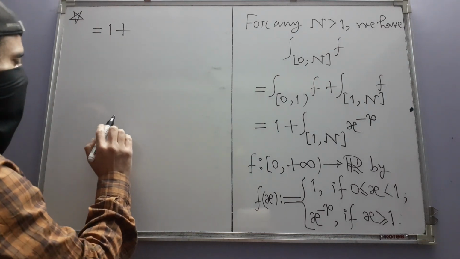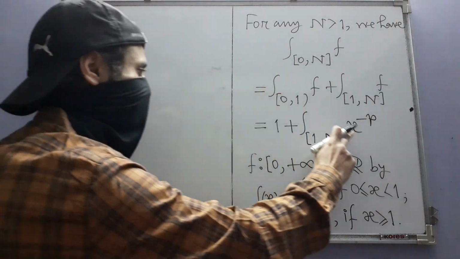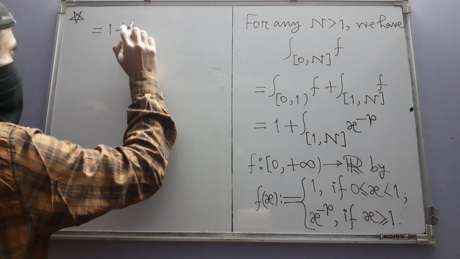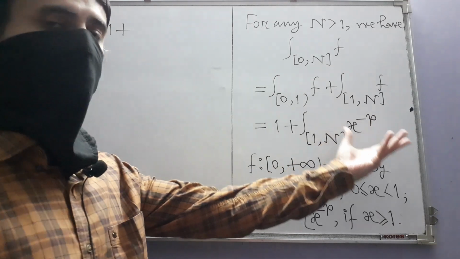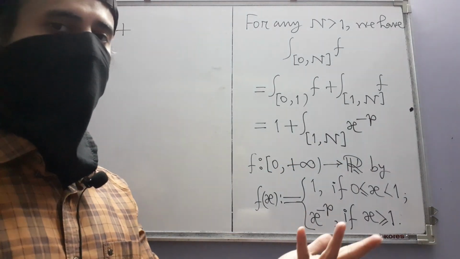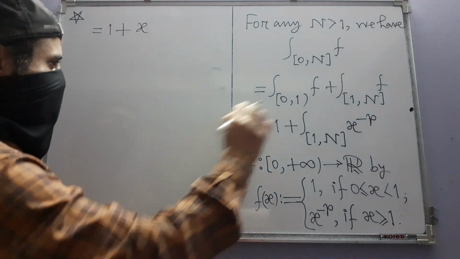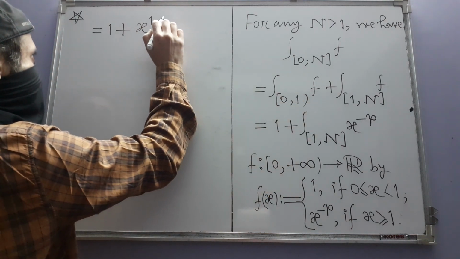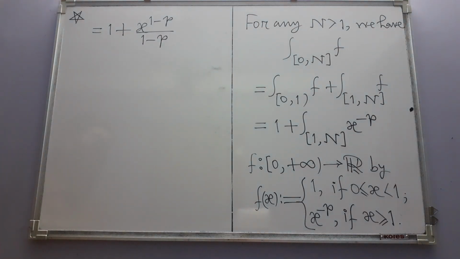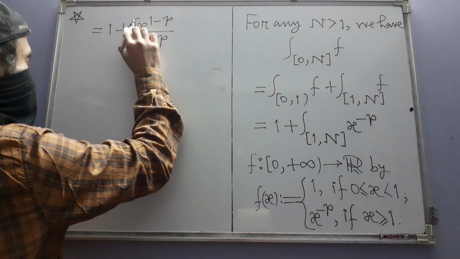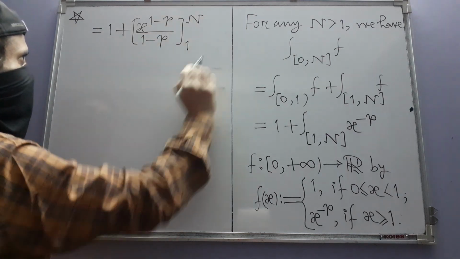If I am saying school style, then I will just write the antiderivative of x to the power minus p here. Or to put it even more simply, you just remember your school formula. You add 1 to the exponent, 1 minus p, and divide by that. And then you have to put the limits also. This is school notation I am using.